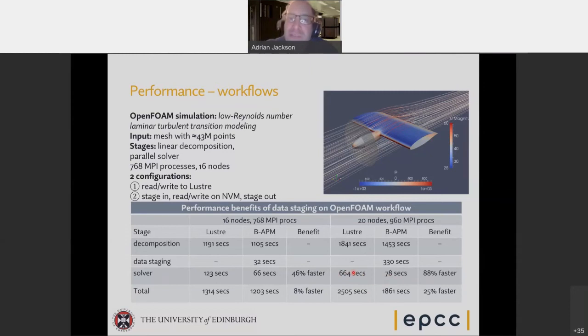And then there's an interesting discussion to be had there: are people only writing out data every 10 iterations or 100 iterations or something like that because that's all the data they need and they don't care about the rest? Or are they doing that because if they write out data every time step, it just costs them too much in terms of I/O, and so they can't afford to do that? So here we're writing out every time step, every iteration, and it's very expensive going out to Lustre.